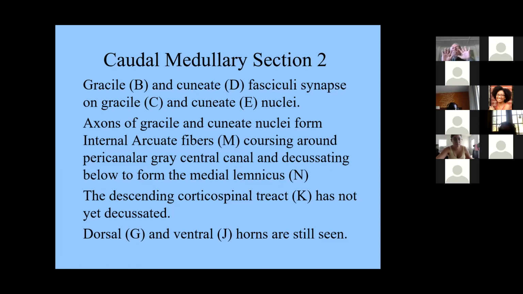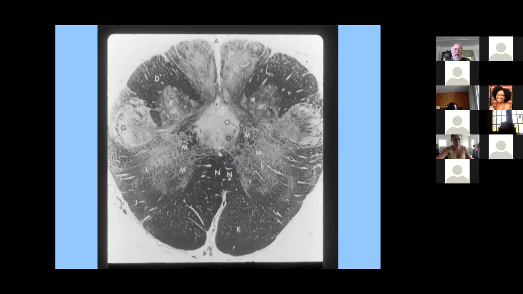We have moved rostrally. So now what we're going to realize is that the corticospinal tract, which decussates caudal to us, is not decussating. But you still can see some small remnants of dorsal and ventral horns. So let's look at that. So now look at this.